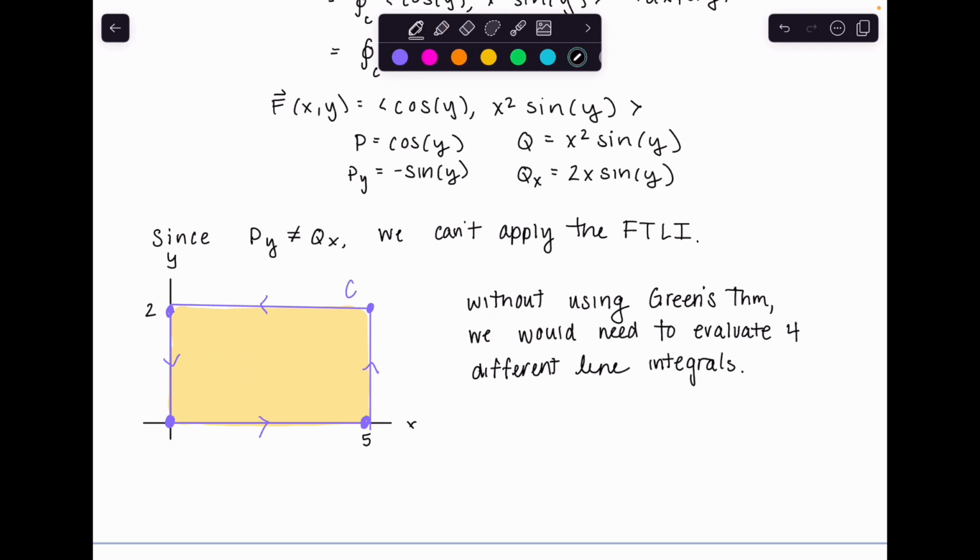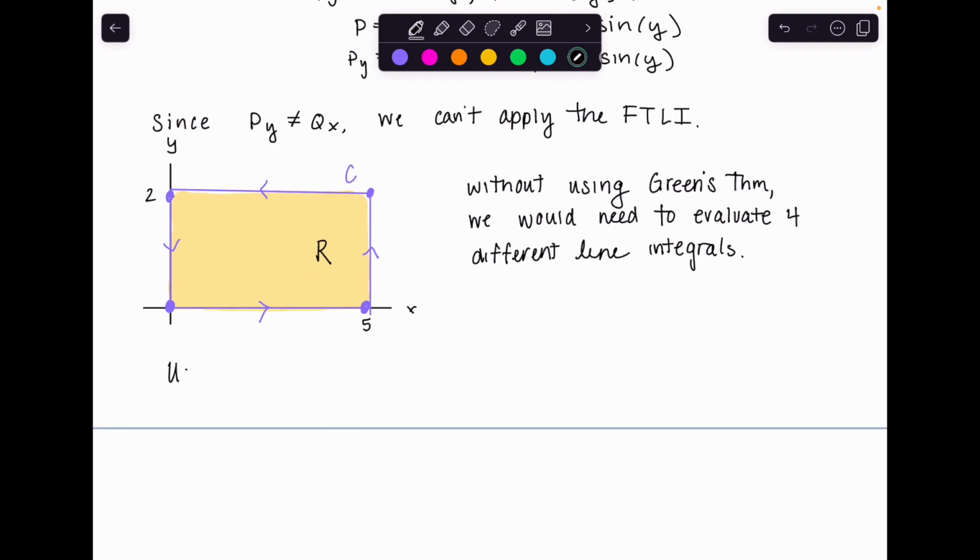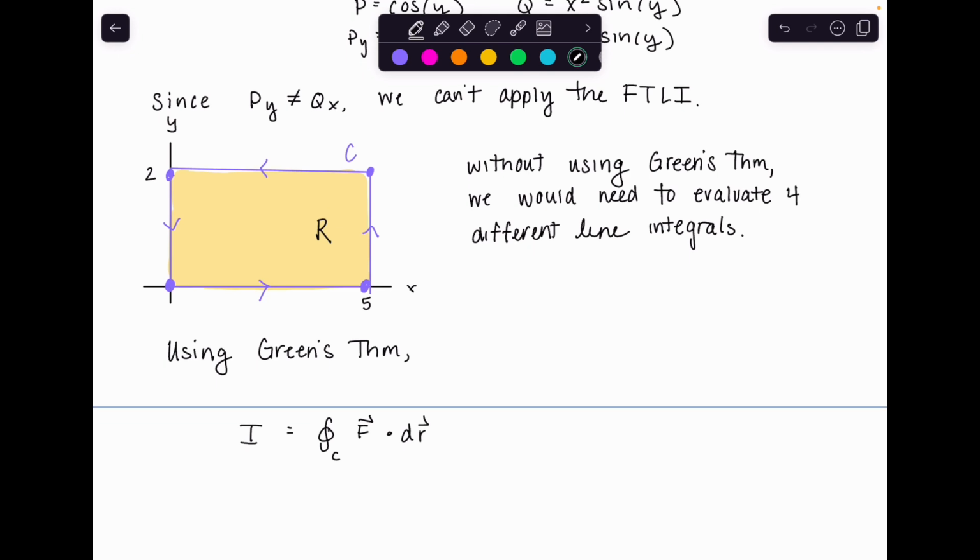So instead, this is my region R. By using Green's theorem, the integral I, which is the integral over the closed curve C of F dot dr, can instead be turned into a double integral over R, and on the inside it's Qx minus Py, integrated with respect to x and y.